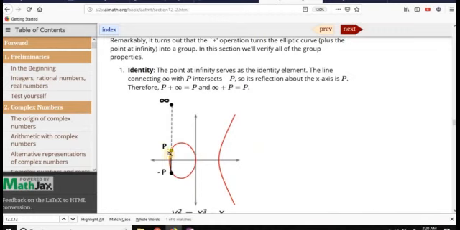So you can see that in the picture here. If I have P and I draw the line to the point at infinity, then it intersects the curve down here. Then when I reflect it, I get P again. So that explains why P plus infinity equals P.